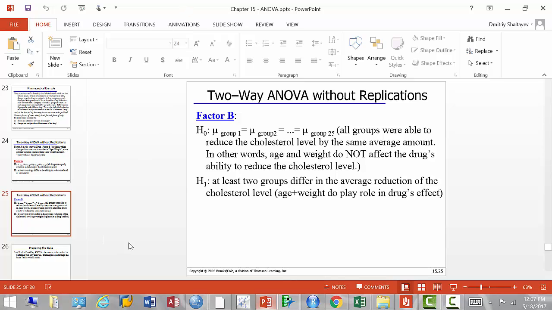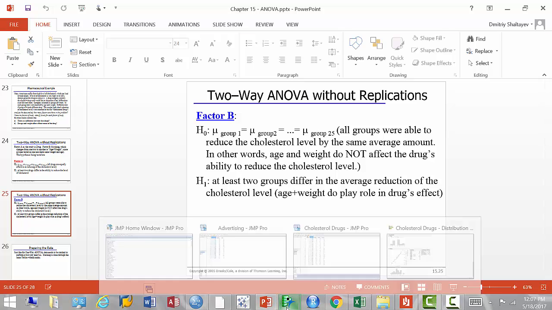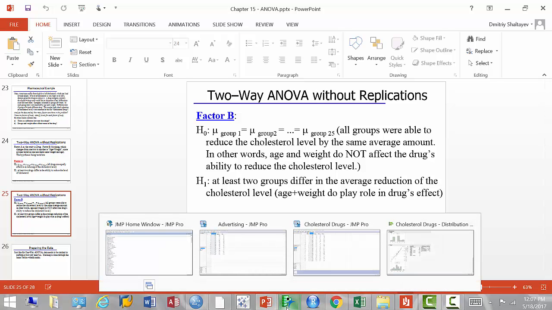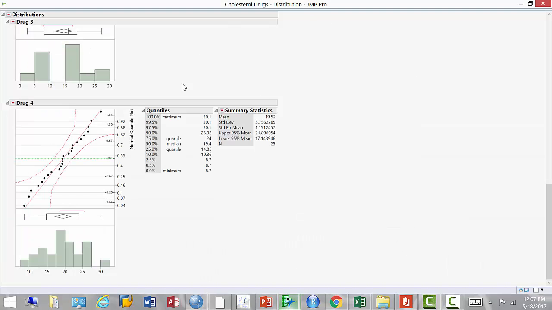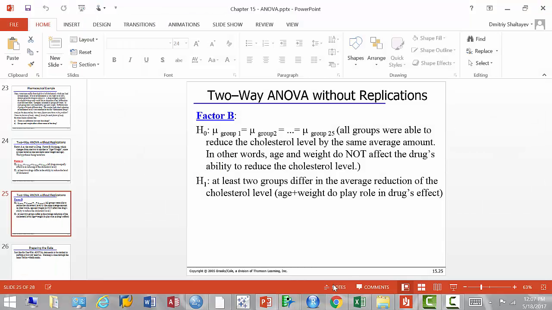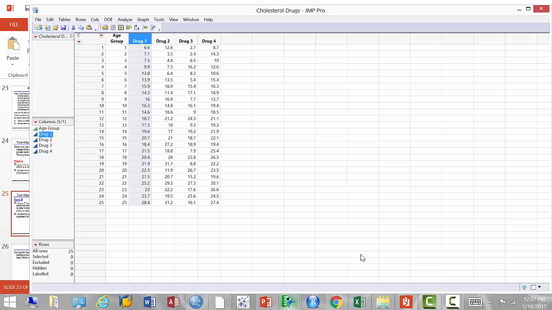All right. Now let's go back to my analysis. Well, first of all, this part, I'm done with this, right? I don't need to see distributions anymore. All I did was checking normality. So that part I'm going to close. So let's go back to the data. And just like for the one-way ANOVA, for two-way ANOVA, I have to stack my samples.